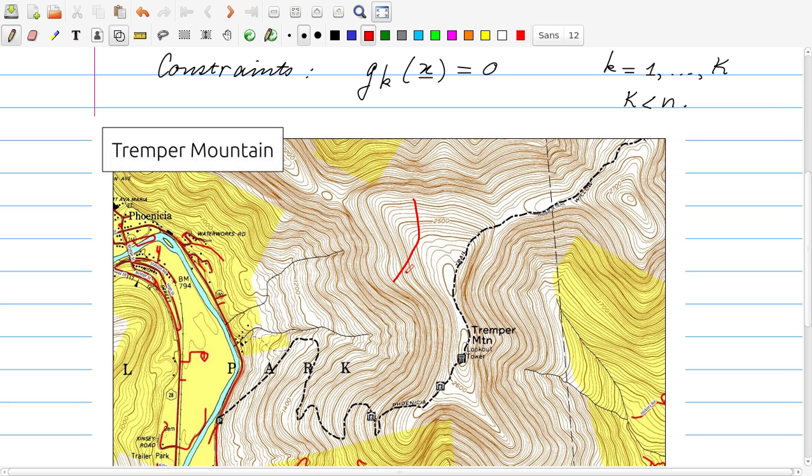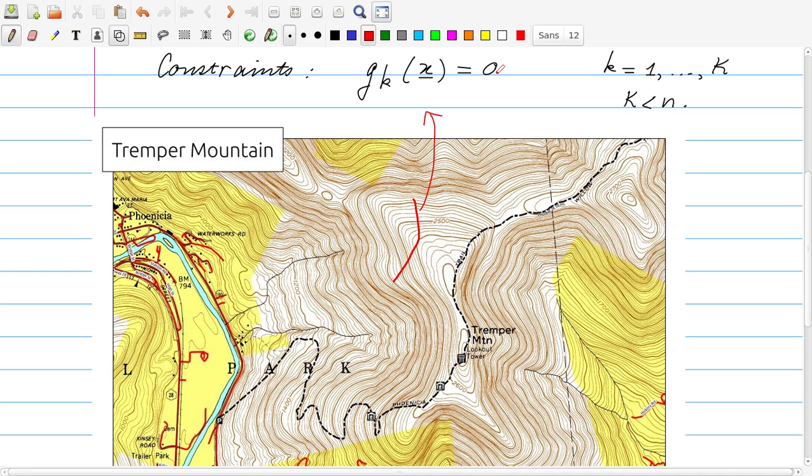Now the path is a constraint on my position. So the path constrains my position, and I can represent my path by such a function g_k of x. So the fact that I'm on the red path gives me a condition like g is 0.